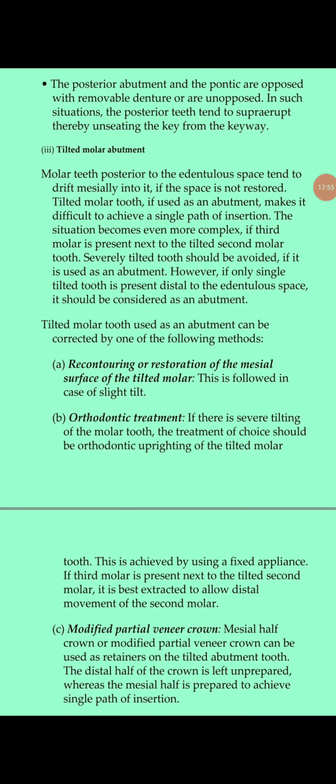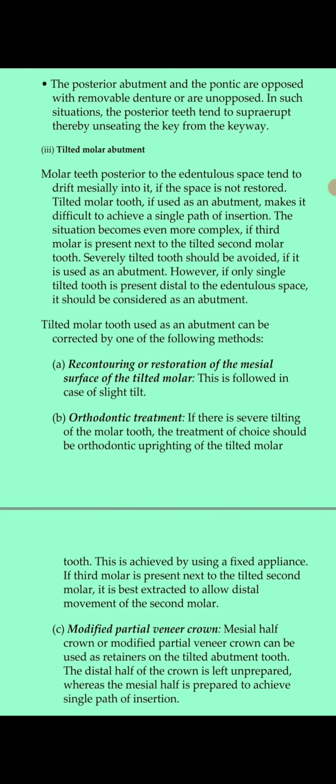Next is the tilted molar abutment. If a molar is tilted, how do we select it for use as an abutment? Molar teeth posterior to the edentulous space tend to drift mesially into it if the space is not restored, like after loss of the first molar.